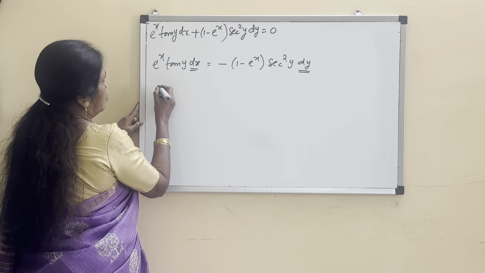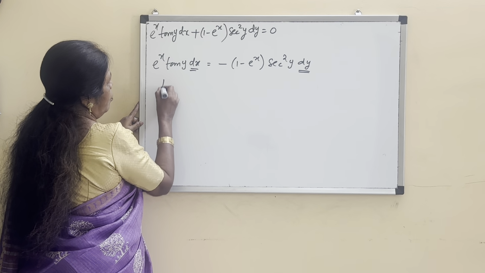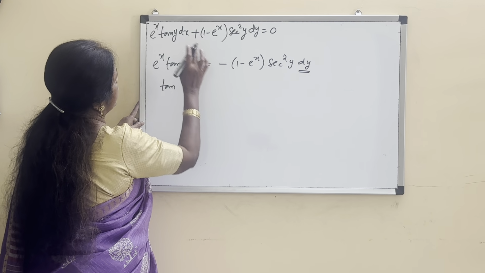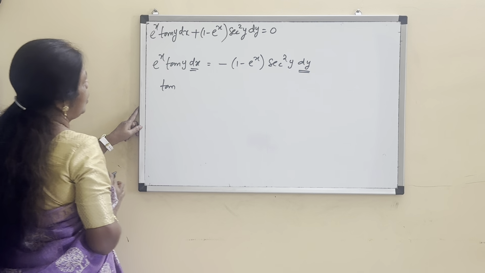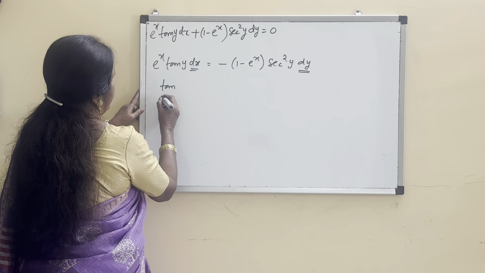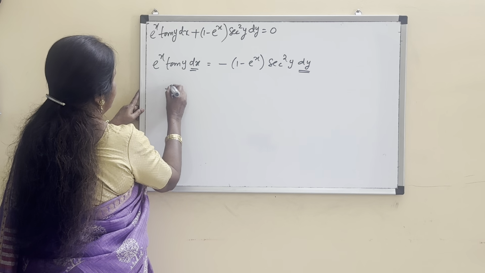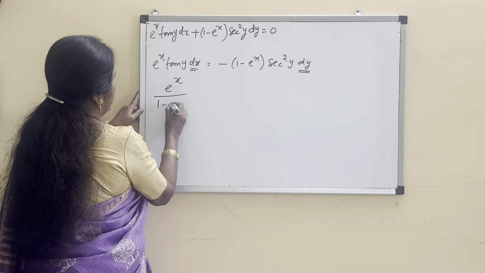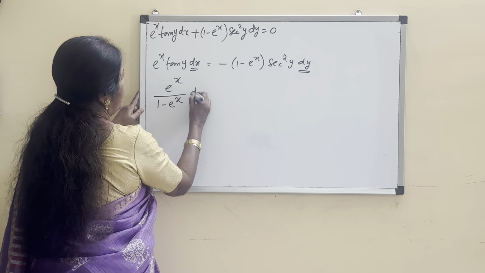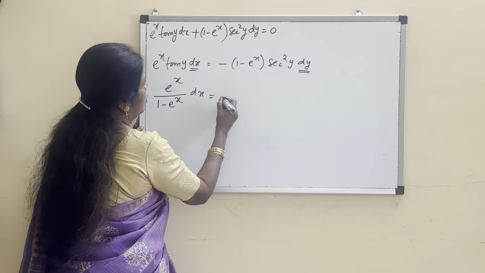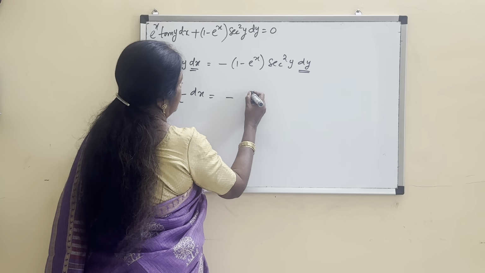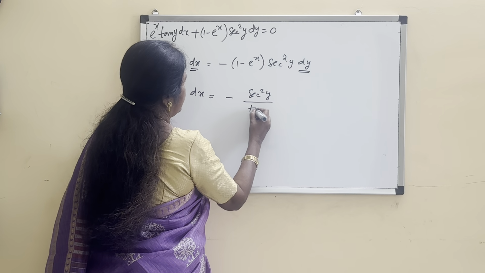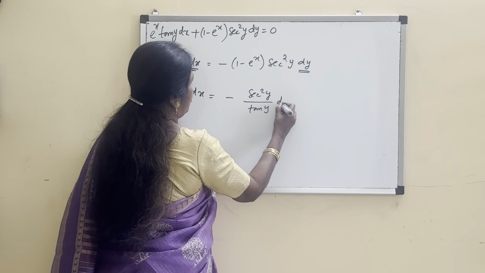So this is e power x by 1 minus e power x into dx equal to minus secant squared y by tan y into dy.